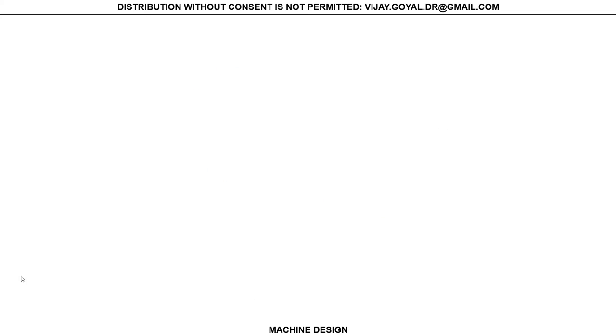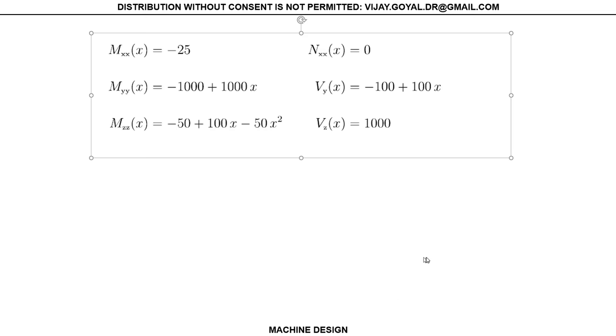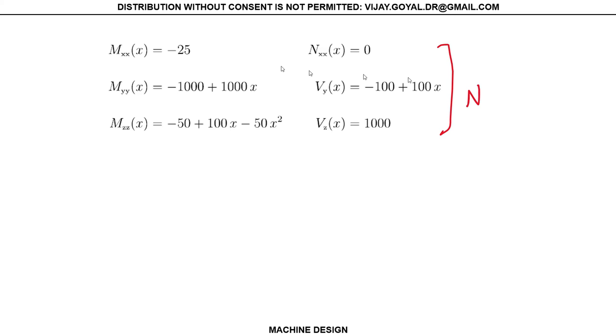At the end of the day, it doesn't matter how you found your shear diagrams. This is what I'm expecting you to give. You have to put units to this. In this particular problem, these are all given in newtons. This is given in newtons. I believe millimeters or meters, I don't remember. I think it's millimeters.